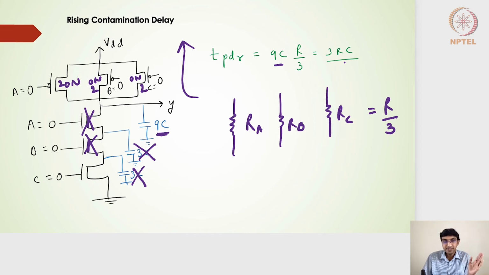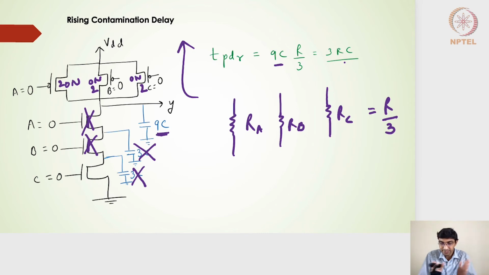Now, in our previous example of the falling contamination delay, we had taken two states, 0, 1, 1 to 1, 1, 0. The intermediate state was 1, 1, 1, and that's where we said it gives us a contaminated output. Here, we have not considered that.